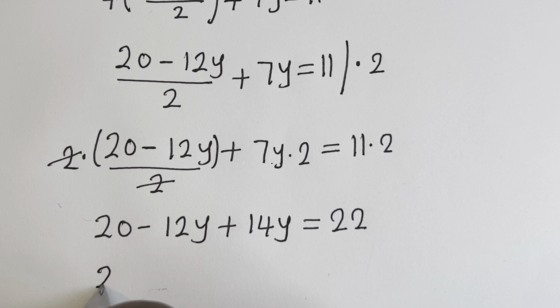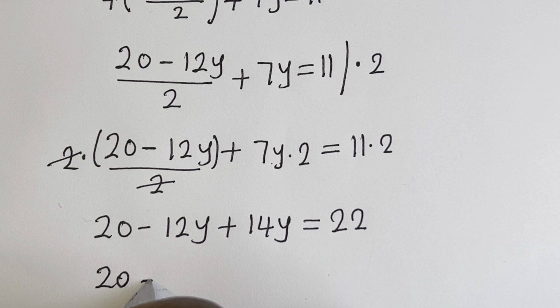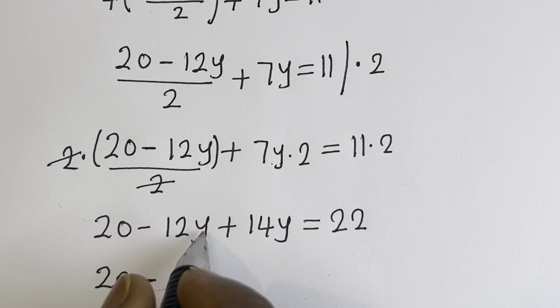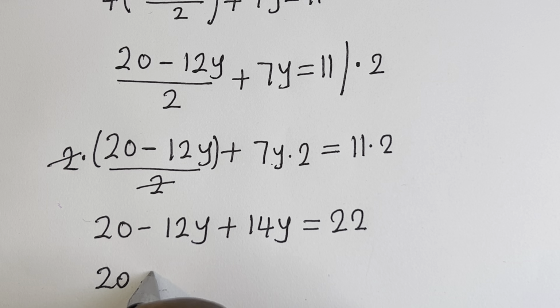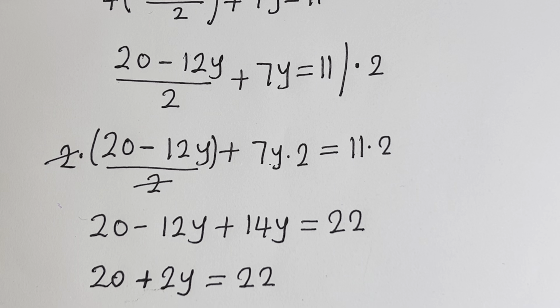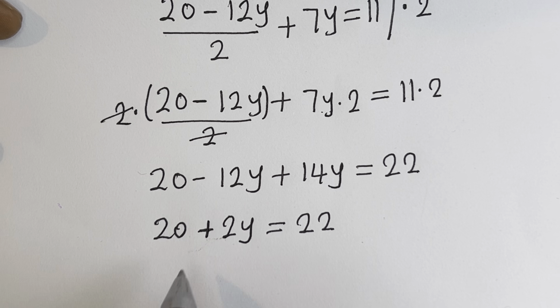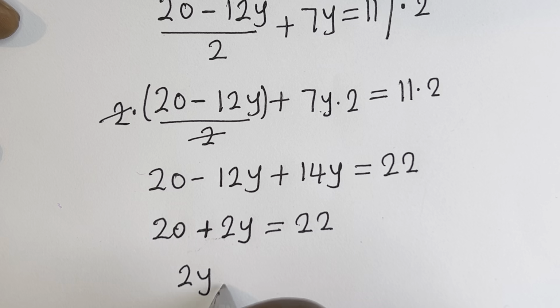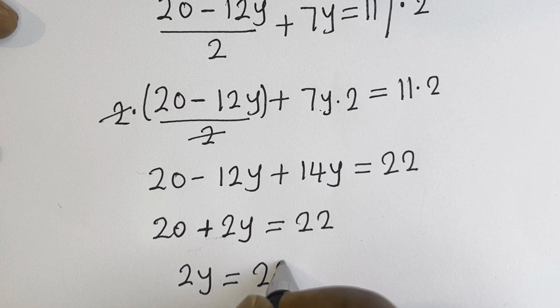Then here we have 20 minus 12y plus 14y, that will be plus 2y is equal to 22.